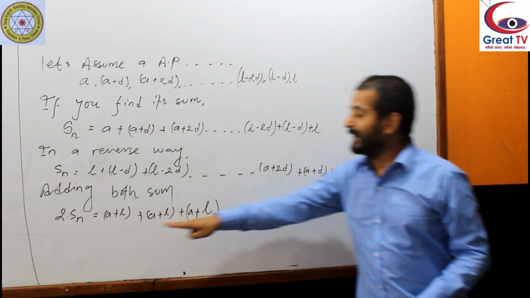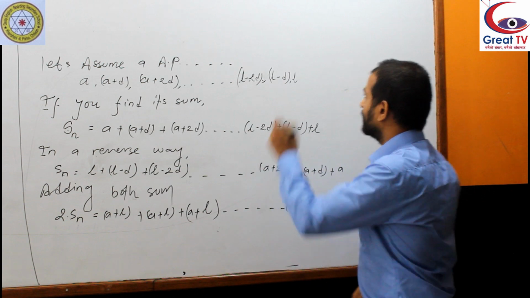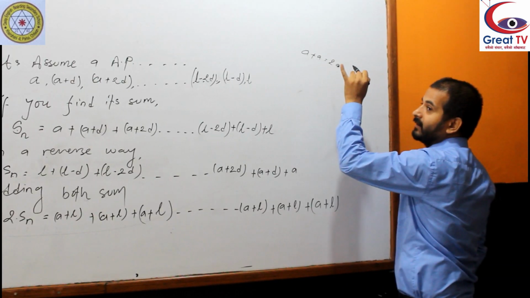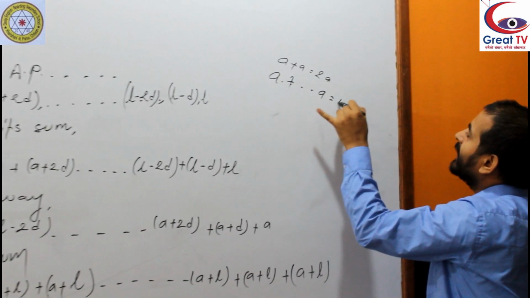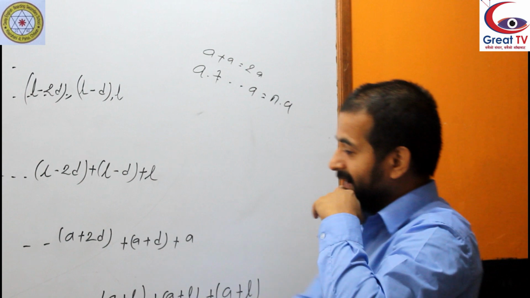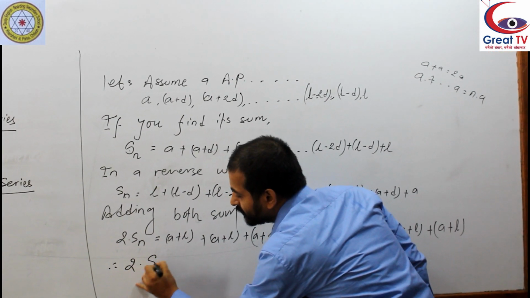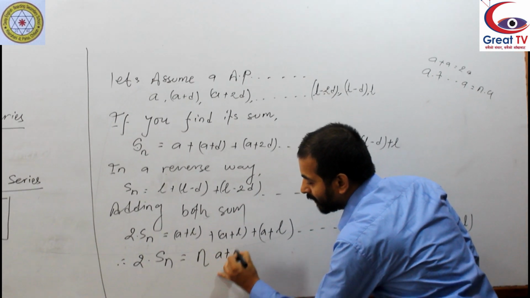Now, when you are adding the n terms of a plus l, there are n of them, the same way as a plus a is 2a. That is why 2 into Sn equals n (a plus l).